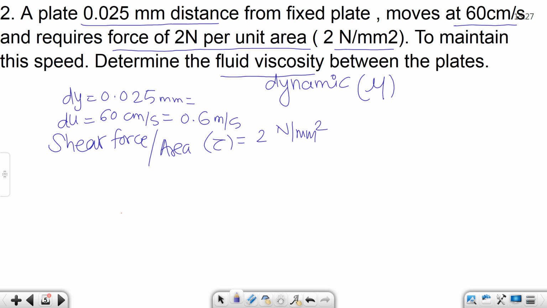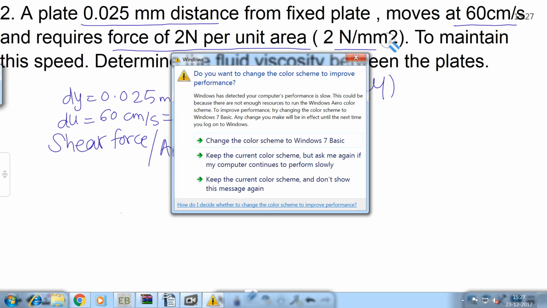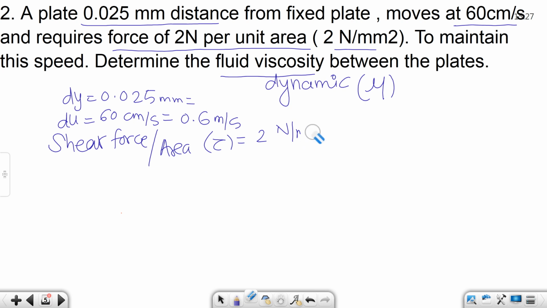Now we'll take this value, because 2 is a very large term, so I'll take this value as, not millimeter, it's meter square, just see this as meter square.